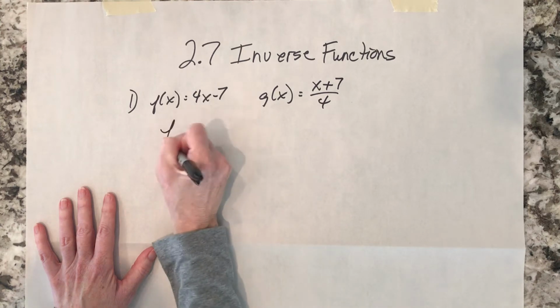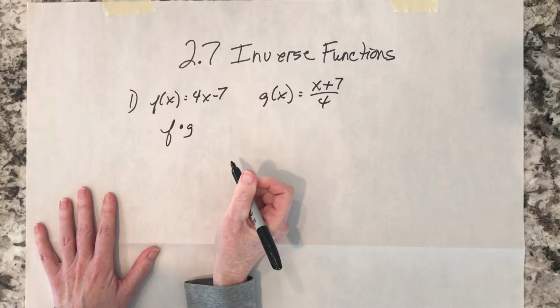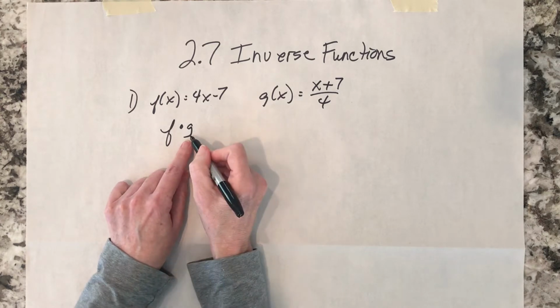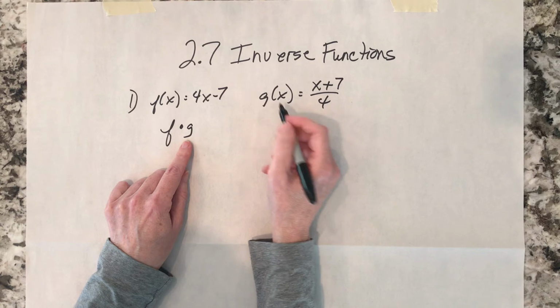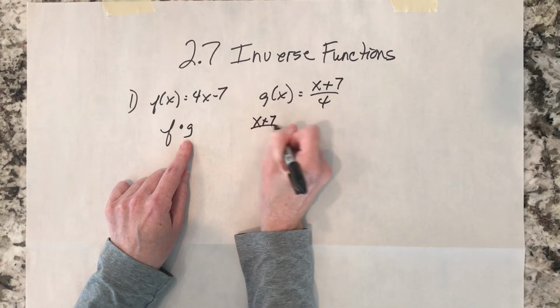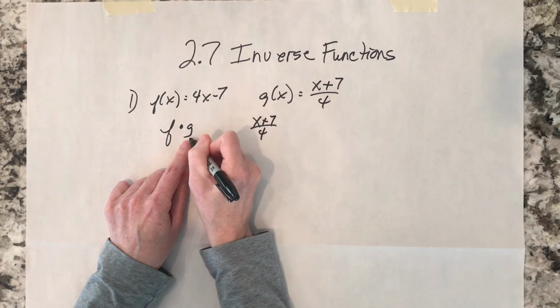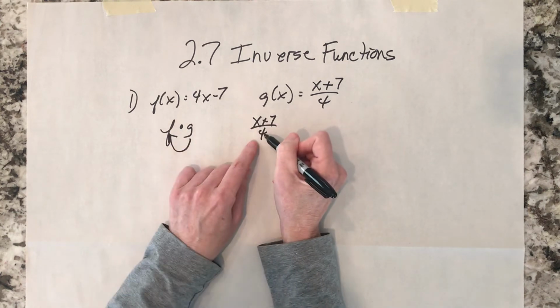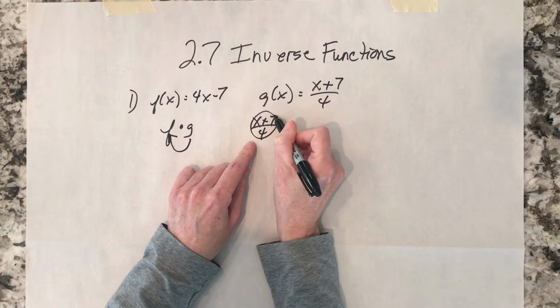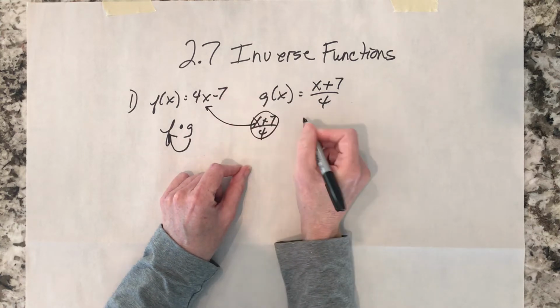So let's look at f composed of g. Remember, you're going to start with the g function. The g function is (x plus 7) over 4. So we're starting with (x plus 7) over 4. We're going to take that and put it into the f function. So I'm taking this piece and I'm going to insert it right in there.